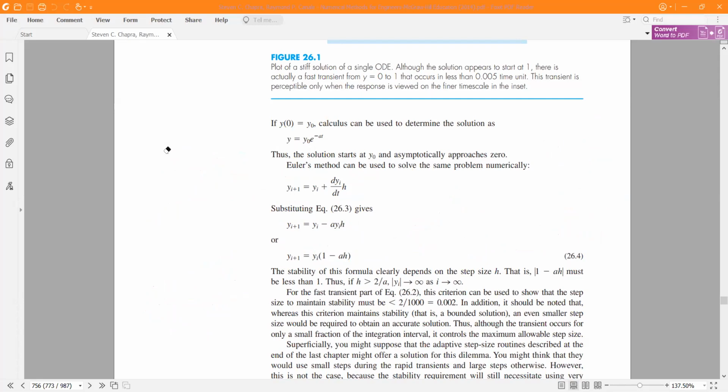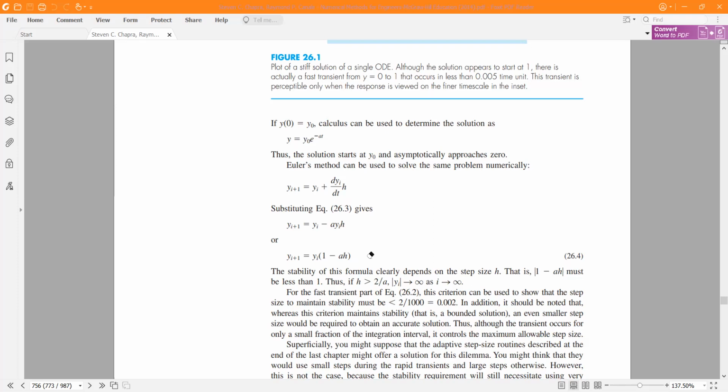In the previous example, it was dy by dt equal to minus 1000 y. That 1000 is the determining factor of your step size. So from that factor, you can easily choose the step size, and if you keep your step size below this value, then you will have a solution that will be inaccurate but stable.